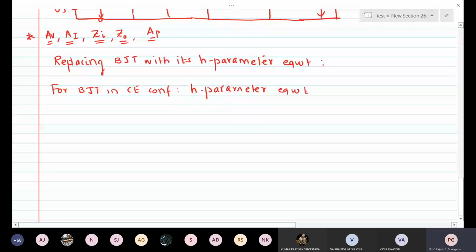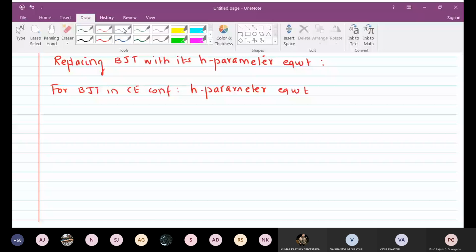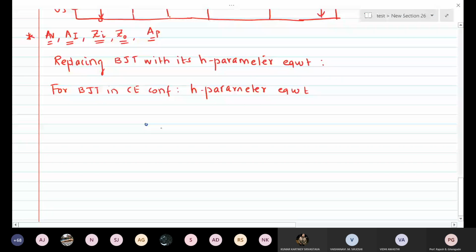Yes, what you have is a resistor like this, a voltage generator like this. I hope you remember these things.